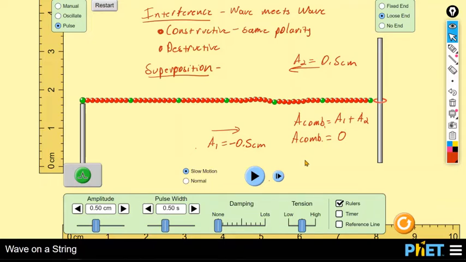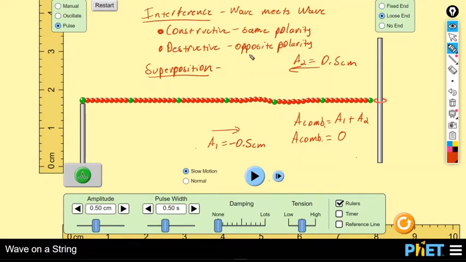Okay, this is called destructive interference. This is what happens when the wave pulses have opposite polarity. When one wave has a positive amplitude while the other has a negative amplitude, you're going to get destructive interference.